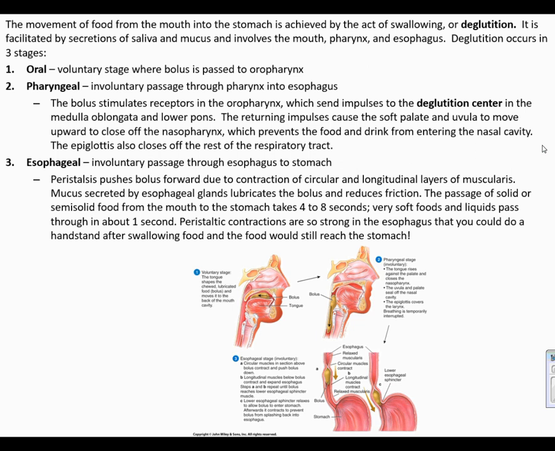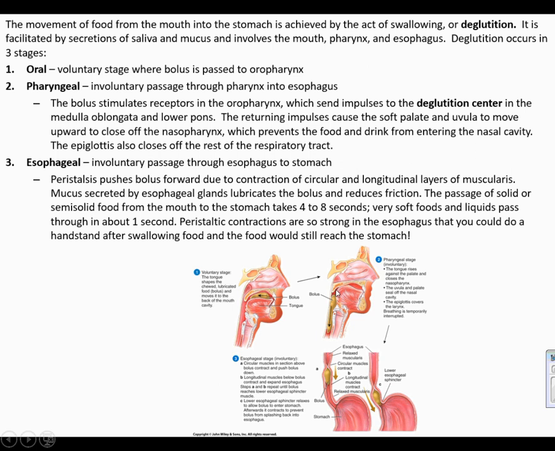Now, when that bolus enters our oropharynx, the receptors in there send impulses to our deglutition center in our medulla oblongata and lower pons. The returning impulses will cause the soft palate and uvula to move upward, closing off the nasopharynx.